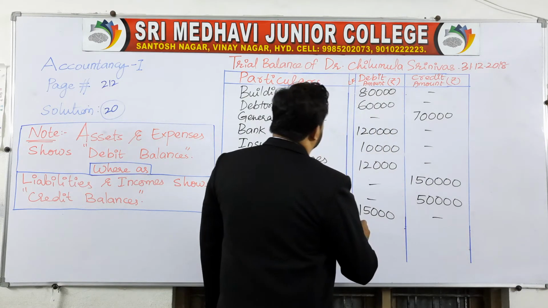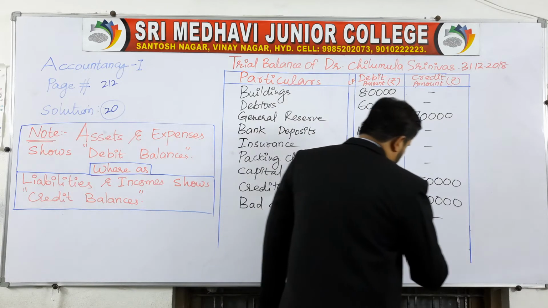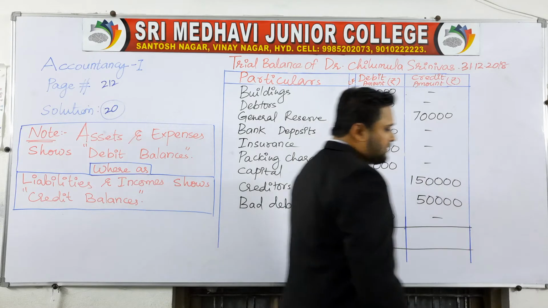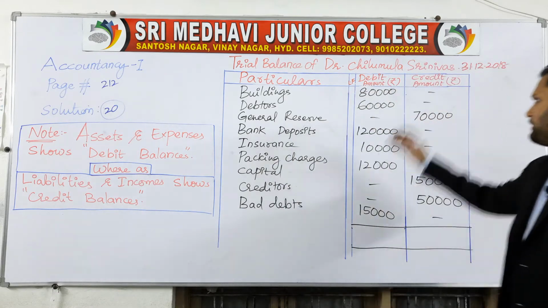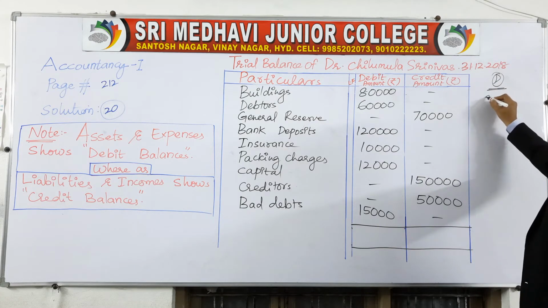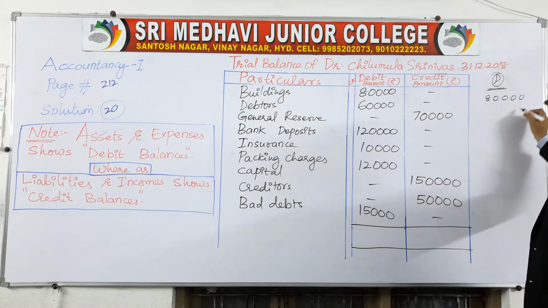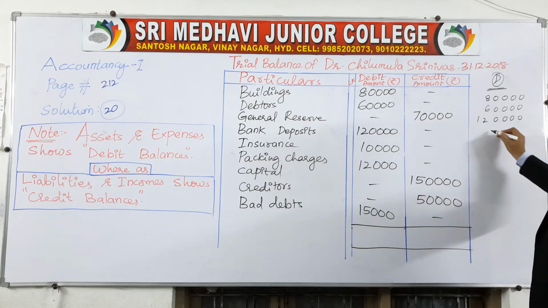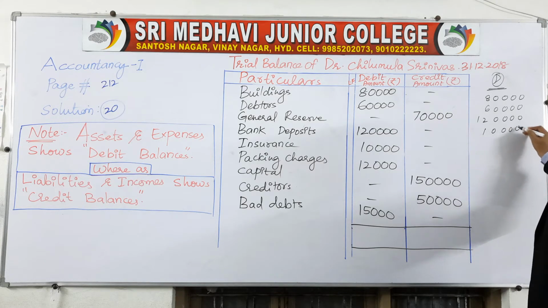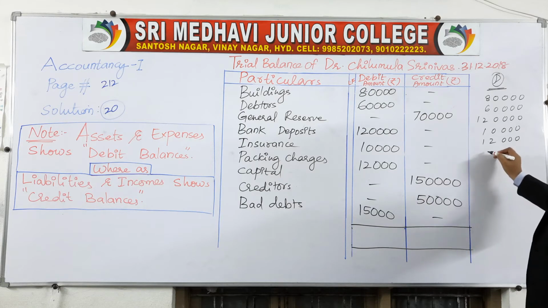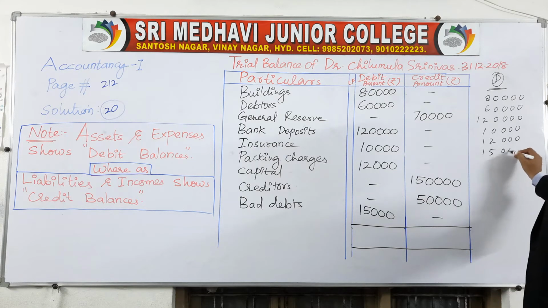Let's see whether Dr. Chilumula Srinivas's trial balance agrees or not. How are you going to know that? Go for the total of the debit column and credit column. Yes, debit side total: 80,000, 60,000, 1,20,000, 10,000, 12,000, 15,000.